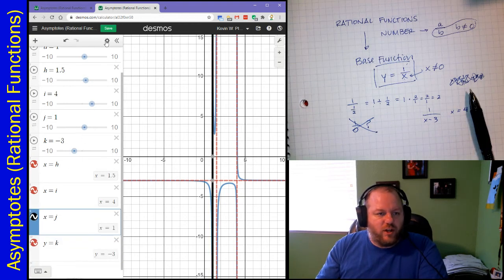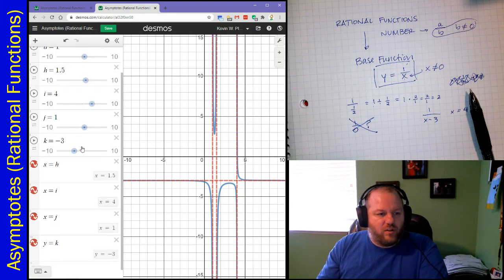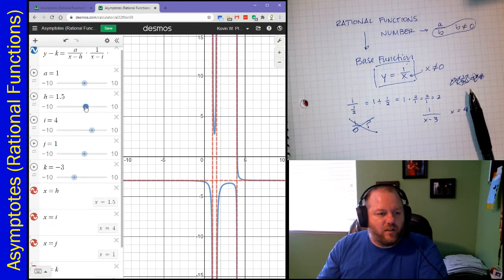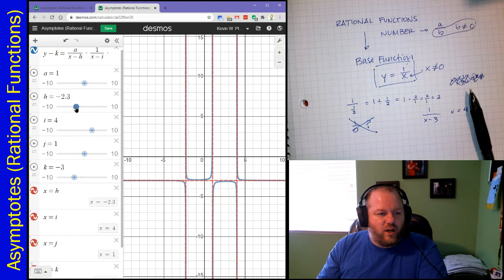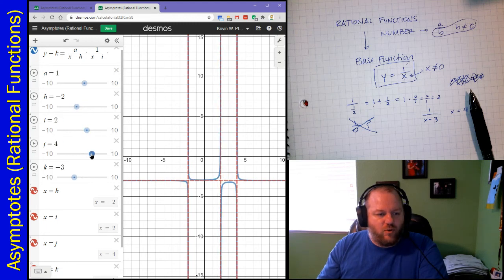Let me change that to red and dotted. So now we'll let h equal -2, we'll let i equal 2, and we'll let j equal 4.